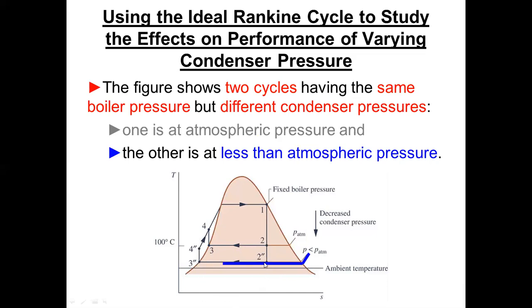So we see that the heat rejection decreases, the area enclosed in the cycle increases, and the enclosed area represents the net work per cycle. So reducing condenser pressure is great if we can figure out how to do it.